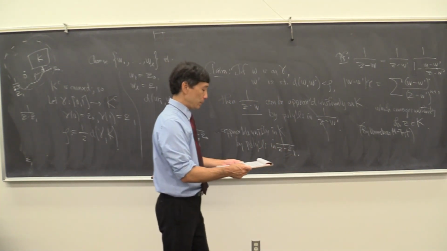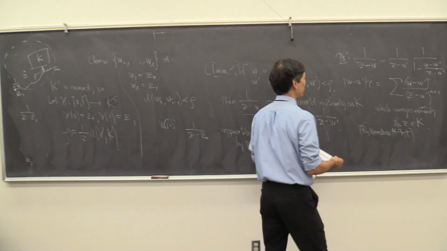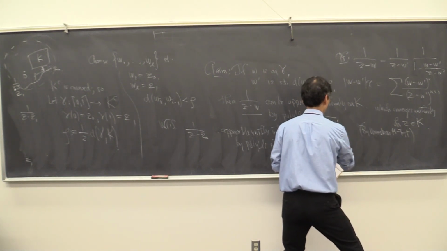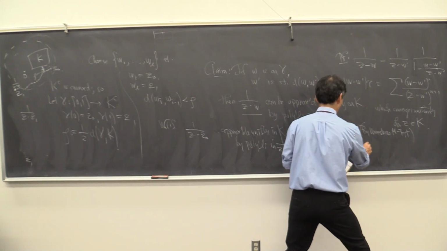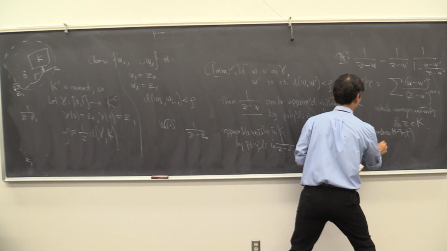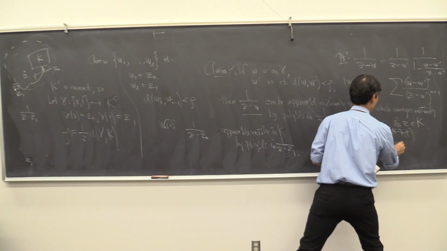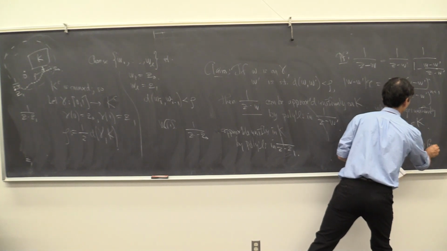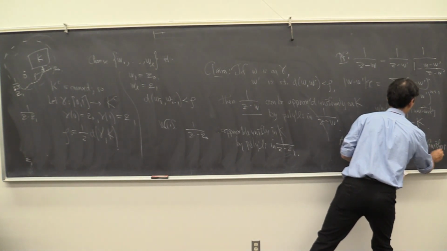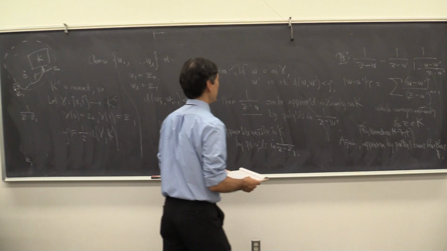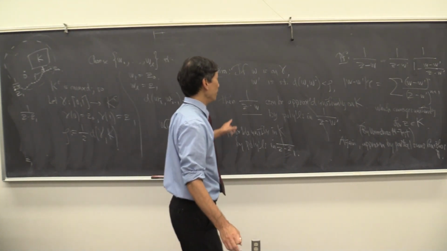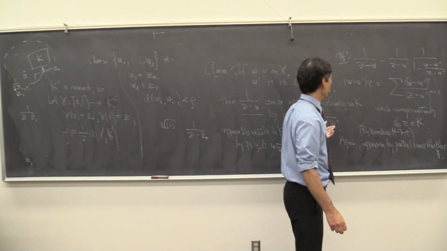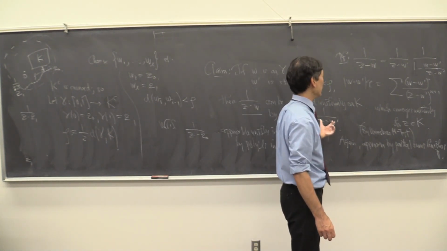Okay. So then again we use approximation by partial sums. That finishes it. We wanted to show that 1 over z minus w can be approximated uniformly by polynomials in this.